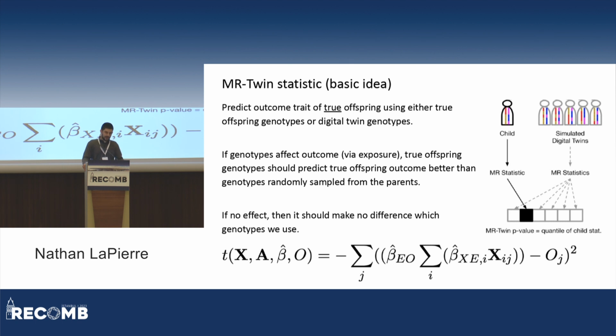If the genotypes have an effect on the outcome via the exposure trait, then the true offspring genotypes should predict the true offspring outcome better than these digital twin genotypes, which are randomly sampled from the parents, right? If there's no effect, then it should make no difference whether it's the true offspring's genotypes or the ones we've sampled, and that's what our statistic is doing.